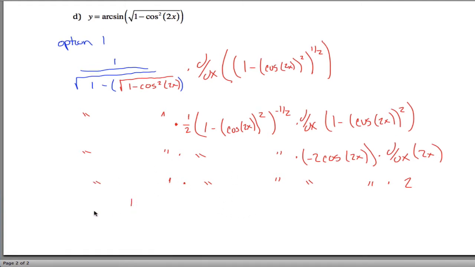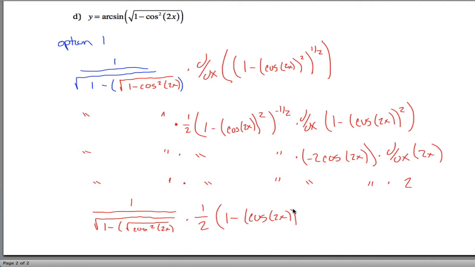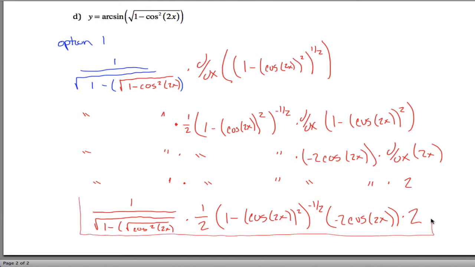So my final answer would be 1 over the square root of 1 minus the square root of cosine squared of 2x, times 1/2 times 1 minus cosine of 2x squared to the negative 1/2, times negative 2 cosine of 2x times 2. Something like this. Yeah, you could simplify that if you wanted to, but you don't have to. It's perfectly fine the way it is.